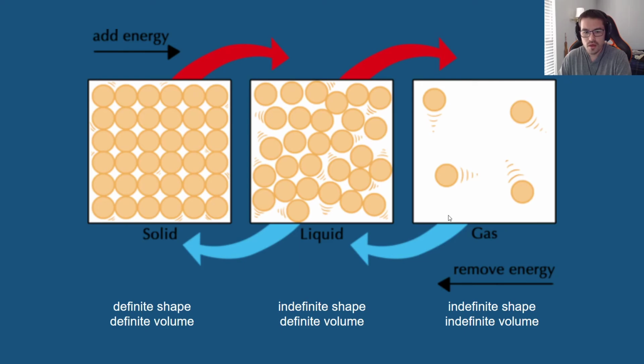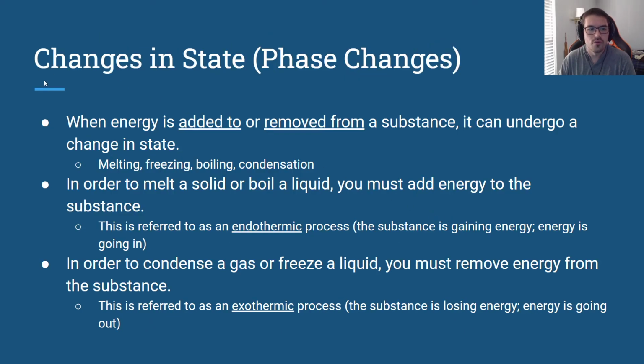All right. So I just mentioned those 4 changes in state, also known as phase changes. This is just a summary of what I was talking about before, in case you do want to have some bullet point written notes. One other thing that I would like you to know about are these 2 terms here that are underlined.